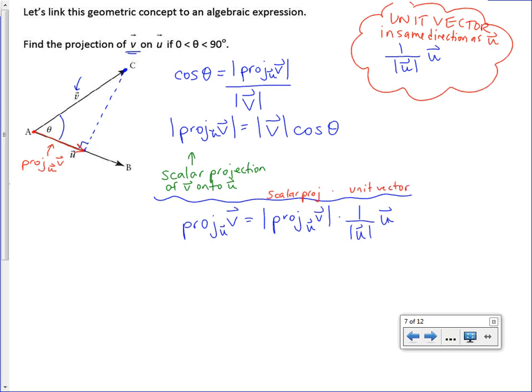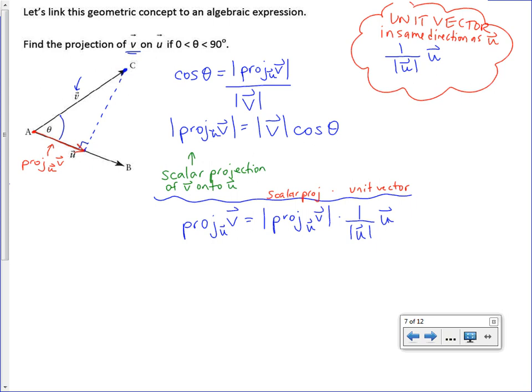Okay, let's think logically. You know you want a vector that is this big, the projection of vector v onto vector u. We don't want it to be that size. If I take that number and multiply it by a vector that's 1 unit long, will it have the right magnitude and the correct direction? Yes. I'm going to say that one more time just to think logically.